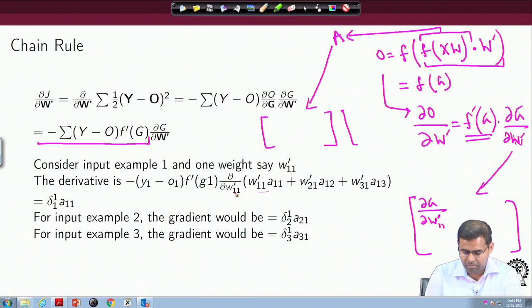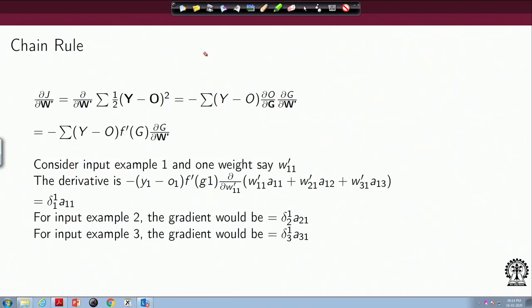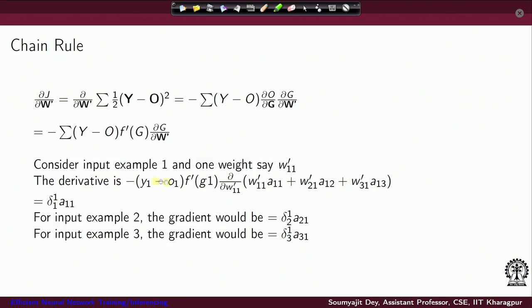If I apply the partial derivative with respect to w11 prime only, then I will just get the first component of a, which is a11. So if we take the derivative and only consider the first component, we get this value of a11, and the previous part is the same, right, because that is not going to change.